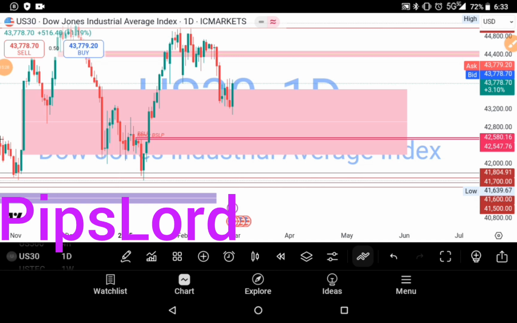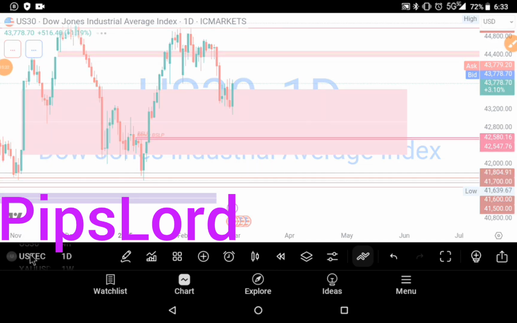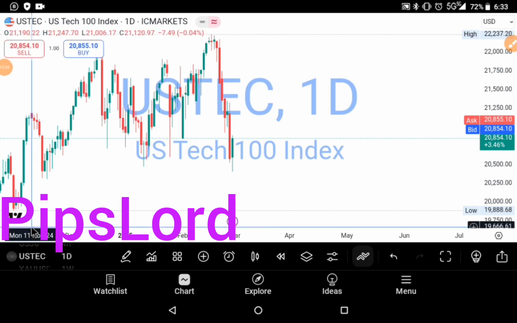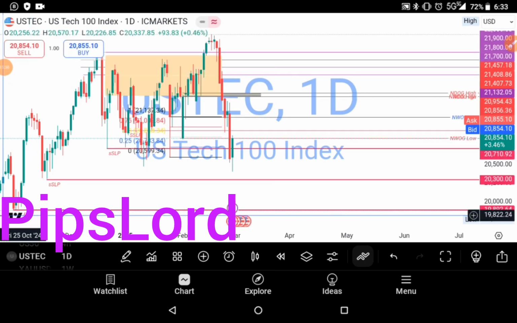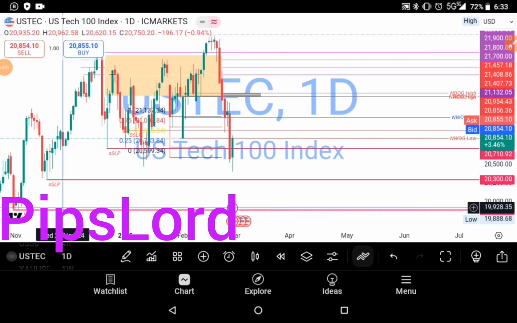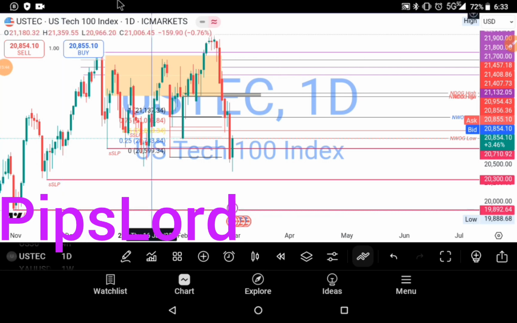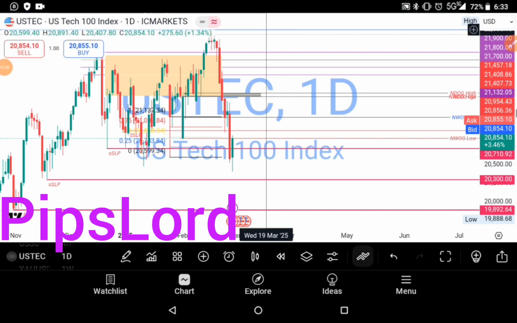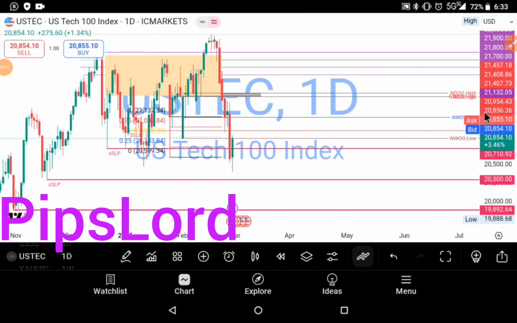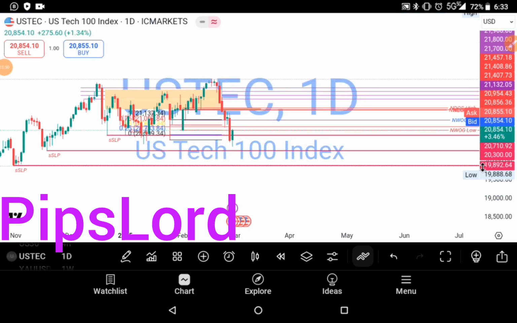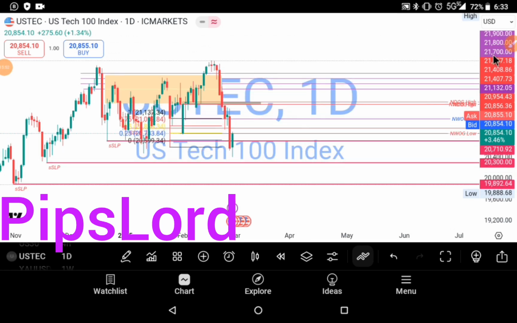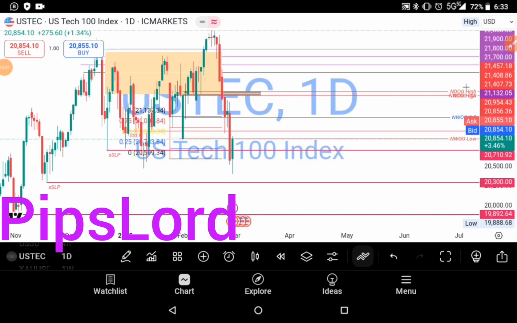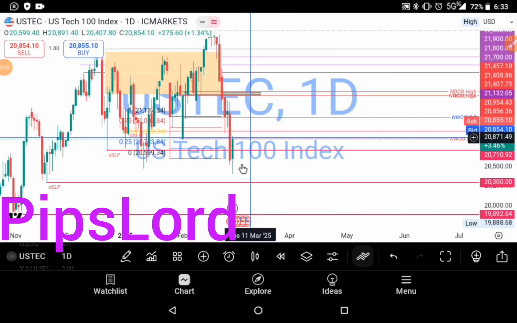So then let's go to Nasdaq. Nasdaq last week, I was interested in being bullish, but the market price was not bullish. So we have some sell side liquidity pool being revisited.